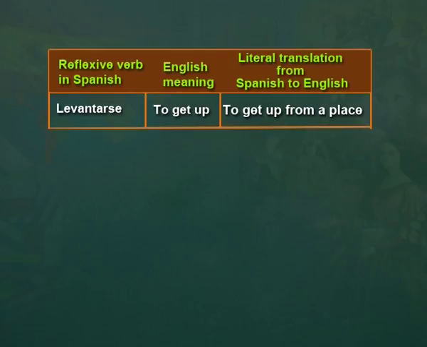Some of the verbs that are used in the reflexive form in a normal conversation are given below. Repeat as I say them. Like levantarse, to get up, or if you want to have a literal translation, it's like to get up from a place.